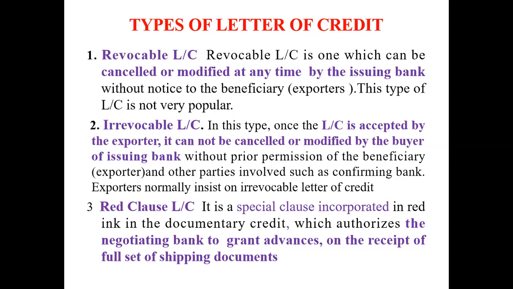For this purpose, a special type of letter of credit is issued. There are certain terms and conditions also, but that is beyond the scope of this discussion. Only remember that in the case of a red clause letter of credit, the exporters may get a certain amount in advance.